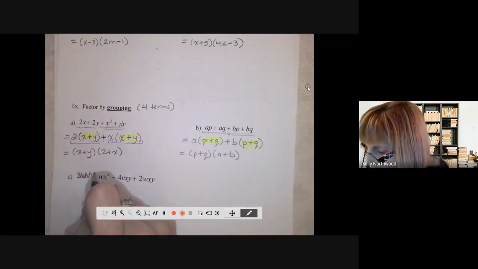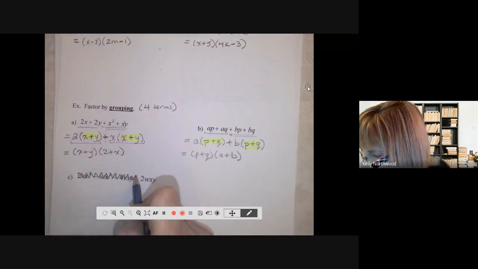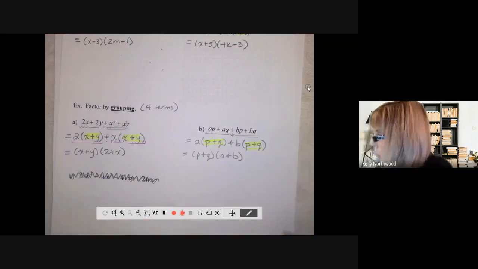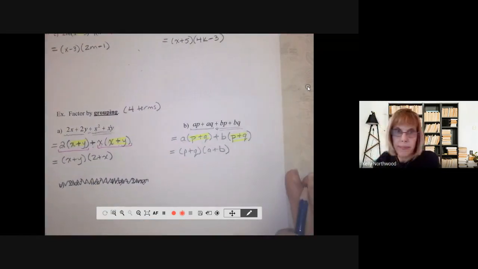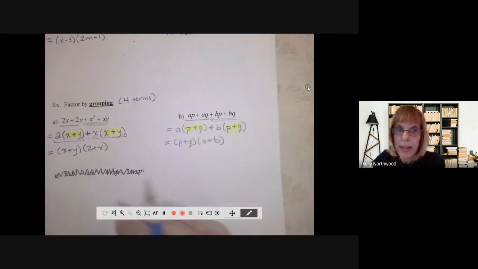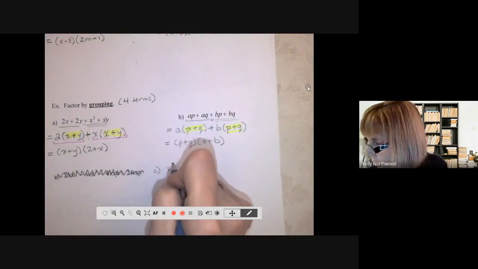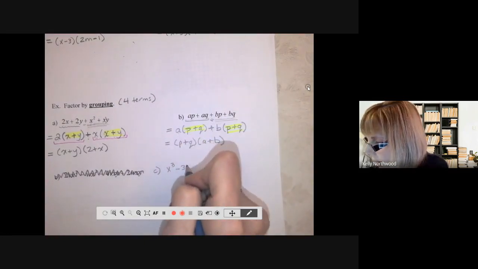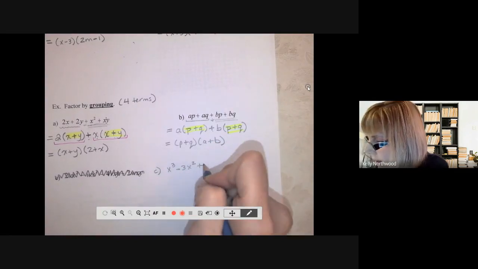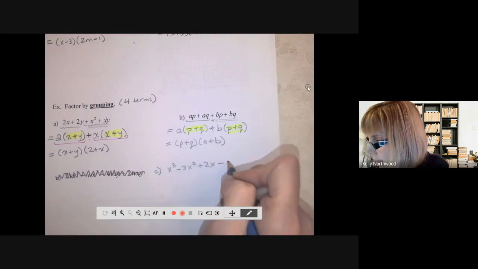And C, I'm going to change. This one's a bit too grade 11-y, especially for remote learning, but I've got another one that's good. So replace C with x cubed minus 3x squared plus 2x minus 6.